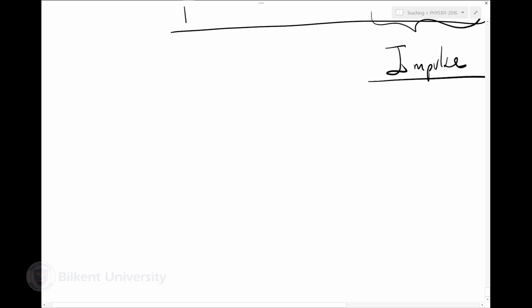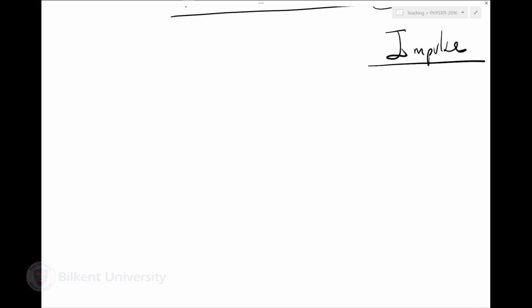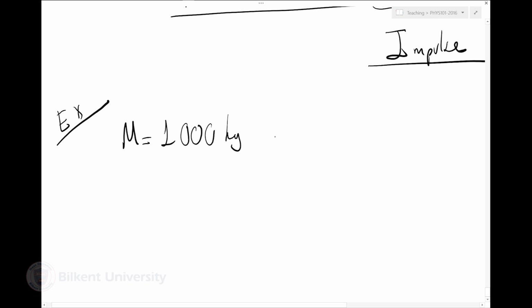So let me solve some examples. Let's say an m equals 1,000 kilogram car hits a wall with v equals 10 meters per second.